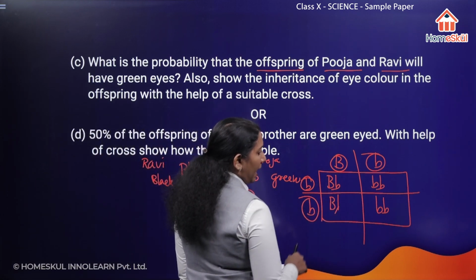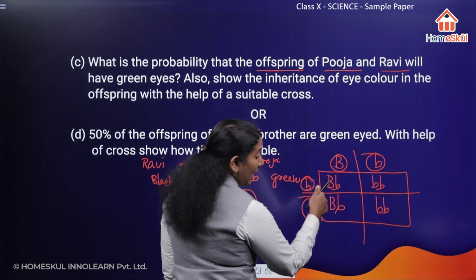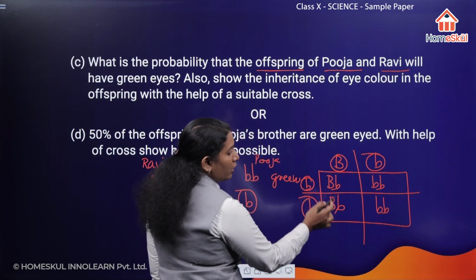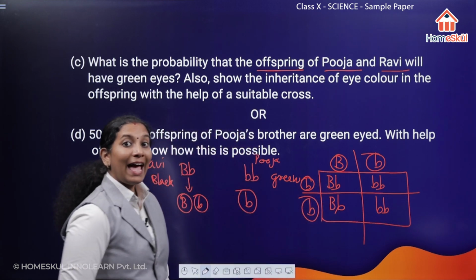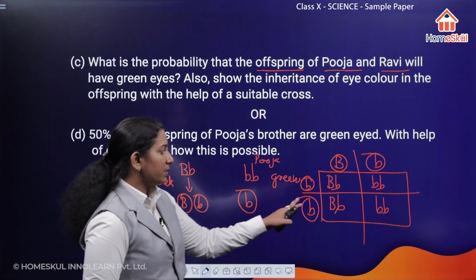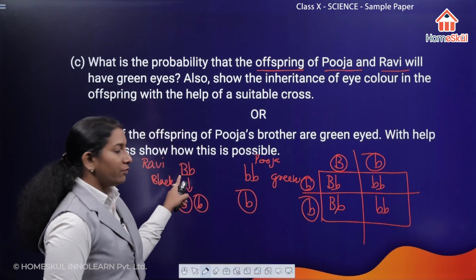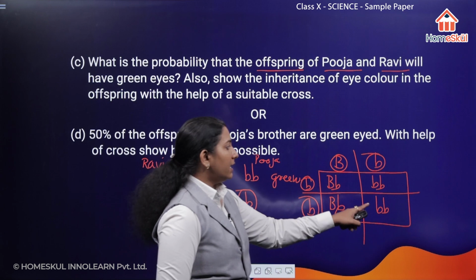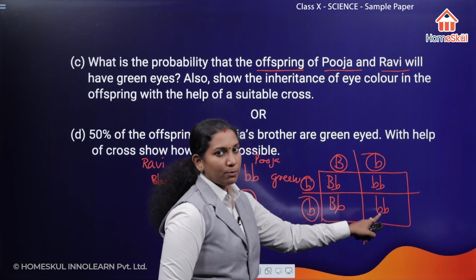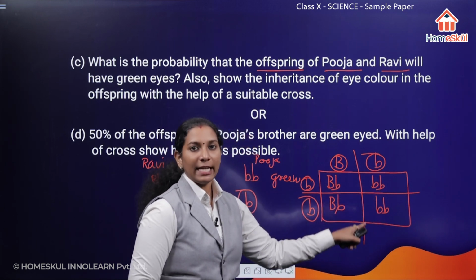So capital B, small b, here also capital B, small b. These two offspring are black-eyed, heterozygous black like their father, right? And here two offspring are small b, small b, so they will have green eye color.